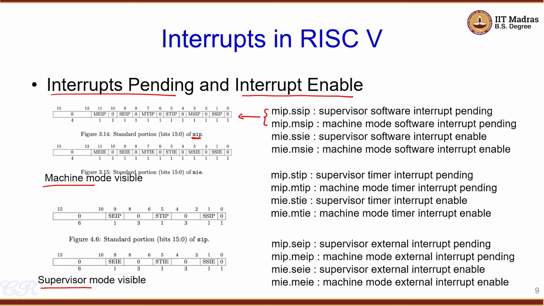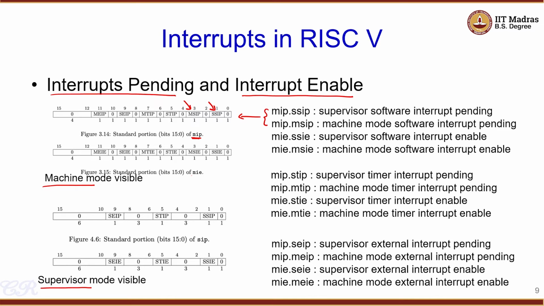Now, two bits within this particular register which are important for us are the SSIP and the MSIP, the supervisor software interrupt pending, which is essentially this bit over here, and the MSIP, which is this bit here. So, this essentially tells you that we have a software interrupt pending in machine mode, or software interrupt pending in the supervisor mode, right.